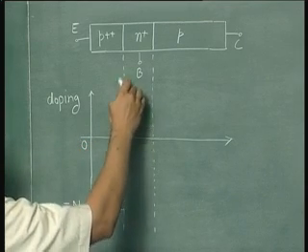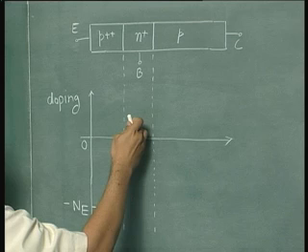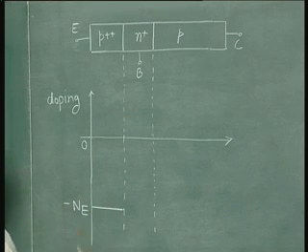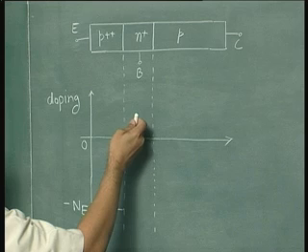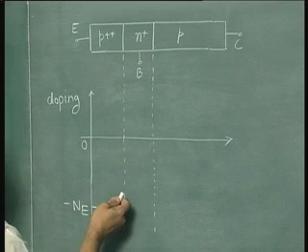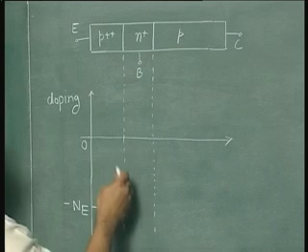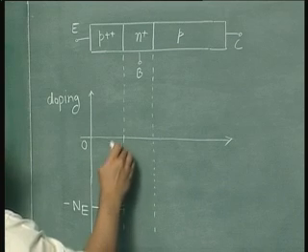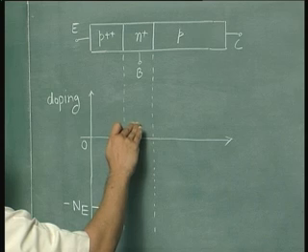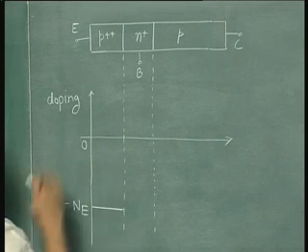Now, the base doping is similarly uniform, but it is much less than the emitter doping. From the doping profile we can see that it is at least 100 times less than the emitter doping. So it will be 50 to 100 times less. So what we need to do is use a different scale for the base doping and for the emitter doping.